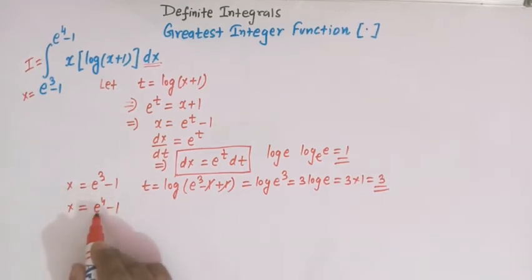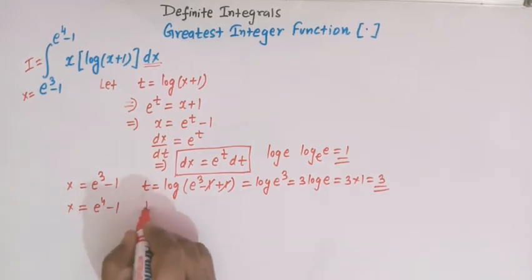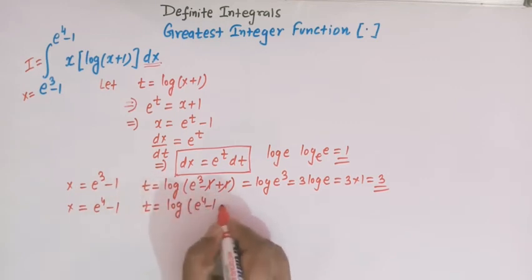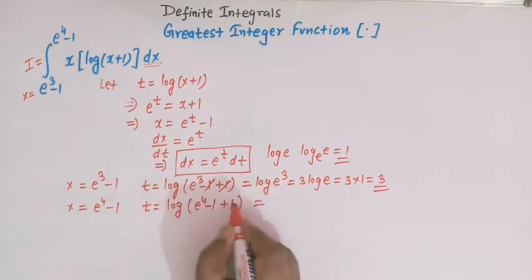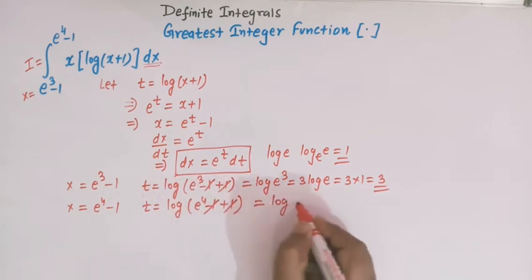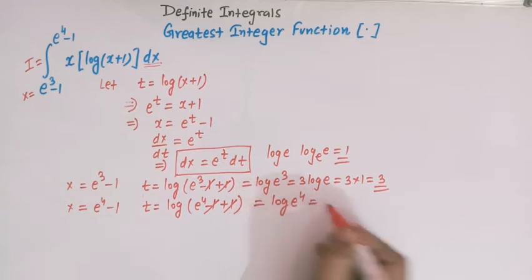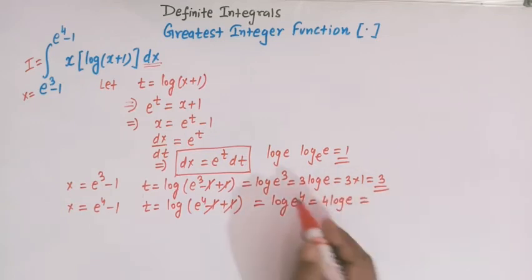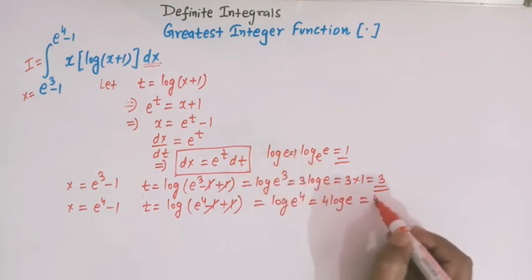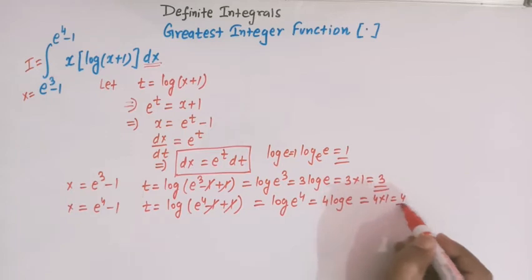Similarly, when x is e raised to 4 minus 1, t is the log of e raised to 4 minus 1 plus 1, and 1 and minus 1 get cancelled. So we are left with log of e raised to 4, and this is 4 log e, and again log e is 1. So we have 4 times 1, that is 4, right?